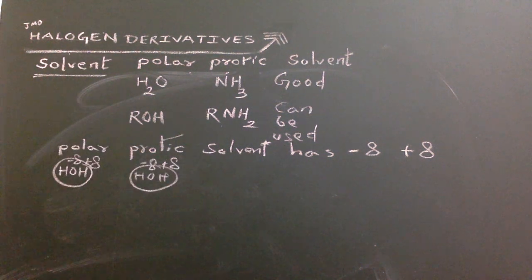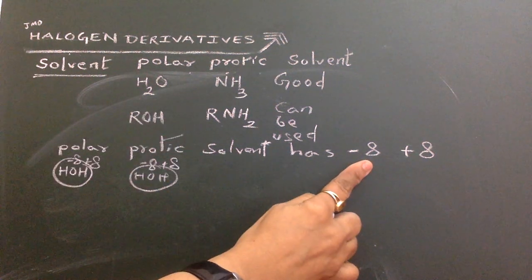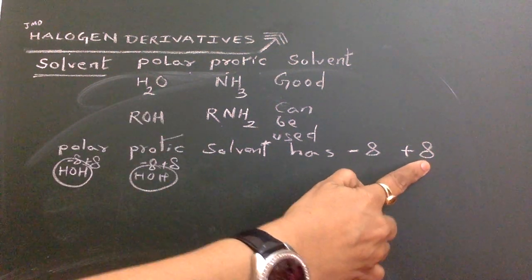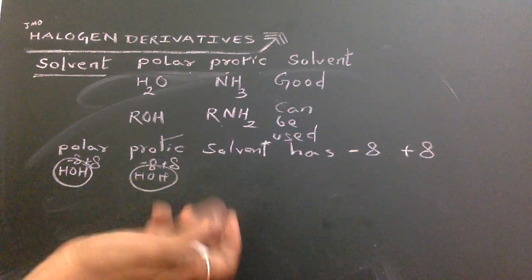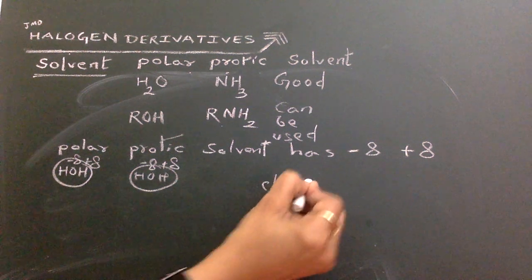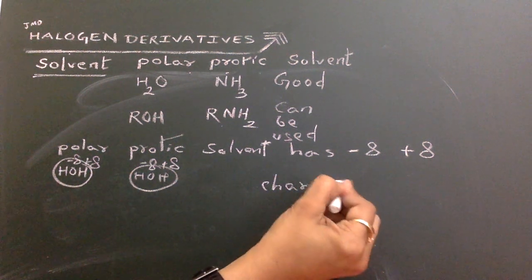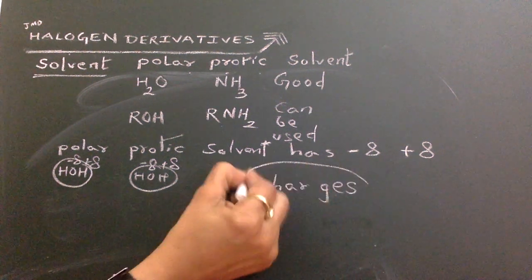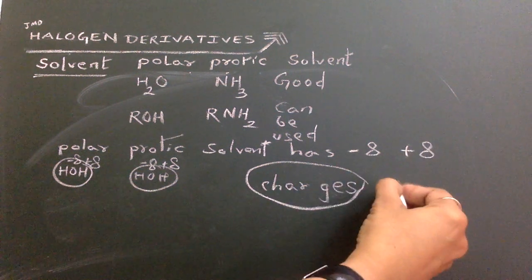So since every solvent molecule has a partial negative and a partial positive charge, they have a good ability to dissolve the charges of the carbocation. They have good ability to dissolve the charges in solution.